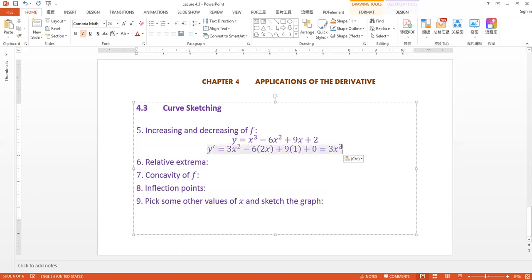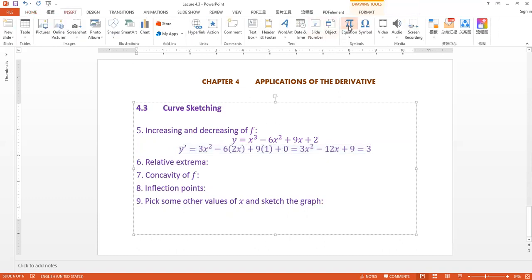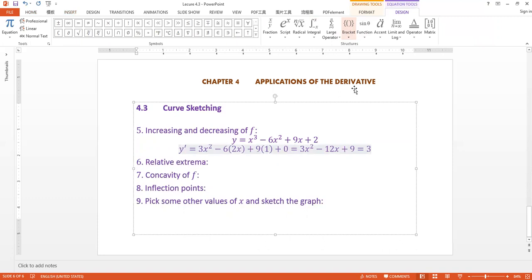minus 12x plus 9. Okay, so I'm going to factor it, and we're going to find the critical numbers as we did before. So this involves quite a bit of work. First, let's just factor out 3 from all the terms.